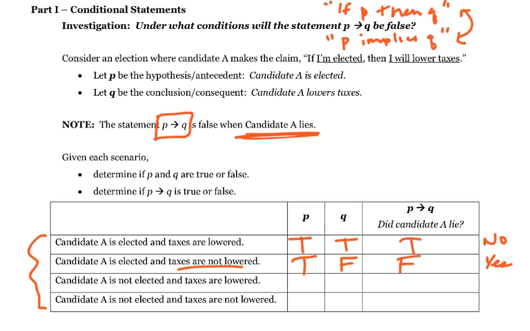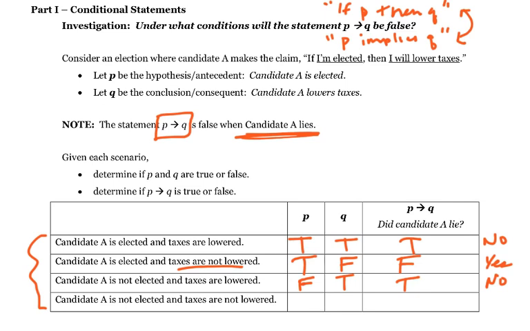Candidate A is not elected and taxes are lowered. So the antecedent is false, but taxes are lowered is true. Did they lie? No, they didn't lie. They didn't get elected, so they had no responsibility for what happened with taxes.